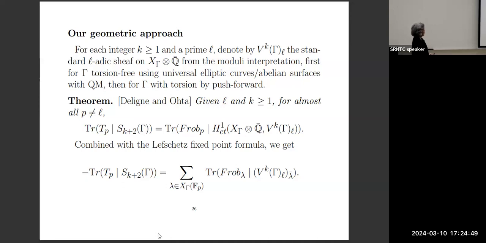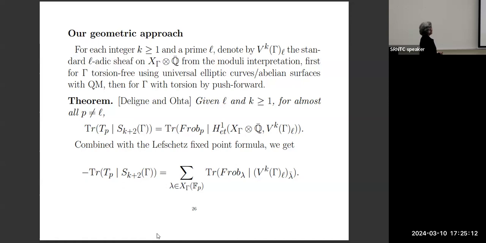So we can express this trace of the Hecke operator, with a minus sign, as the sum of the Frobenius traces on this automorphic sheaf at the points of the modular curve over the finite field F_p.